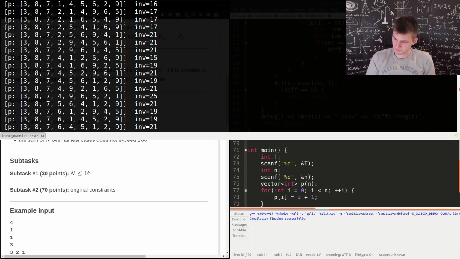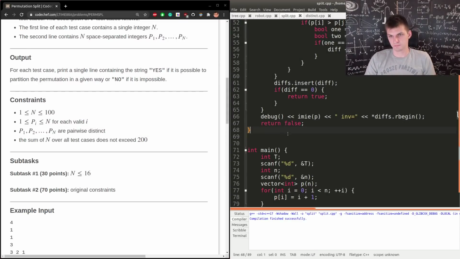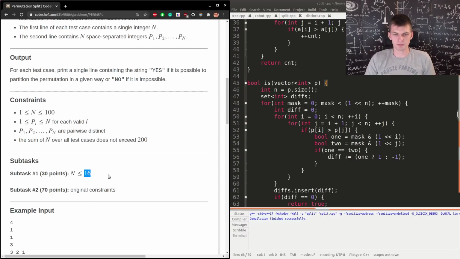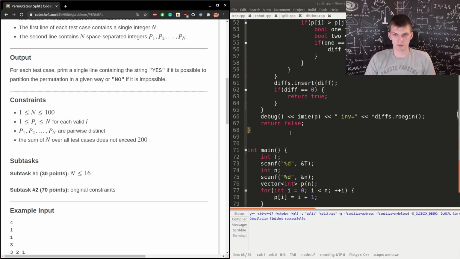Or will it? I can easily see how many times I need to repeat to solve subtask 1 to get accepted there.